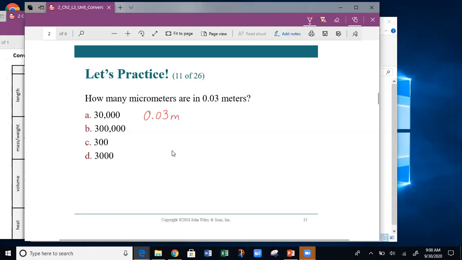My conversions chart does not have a relationship between meters and micrometers, but I'm going to use my logic to get there.